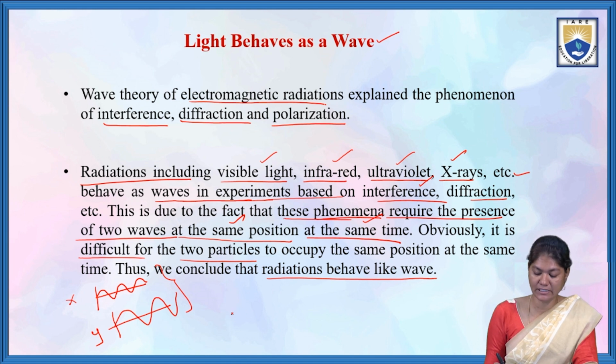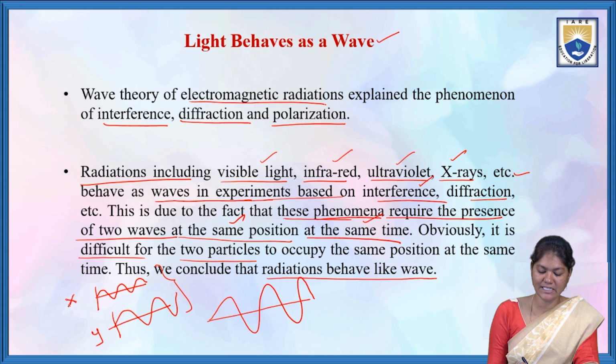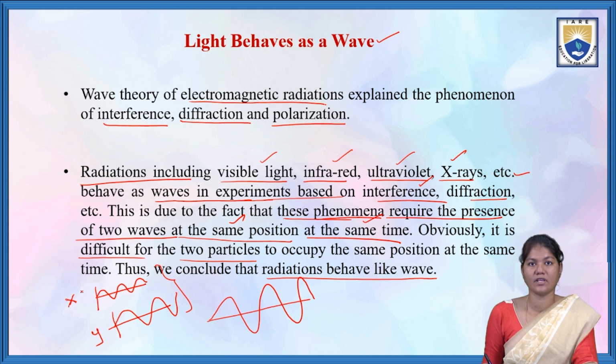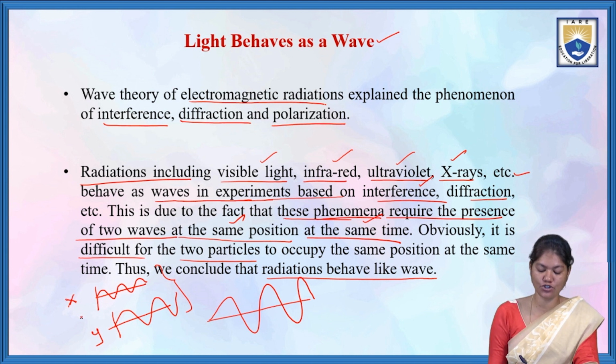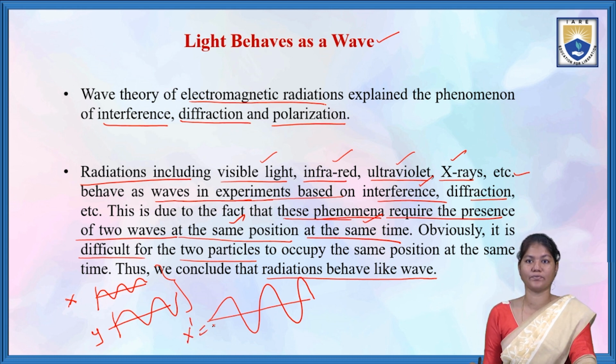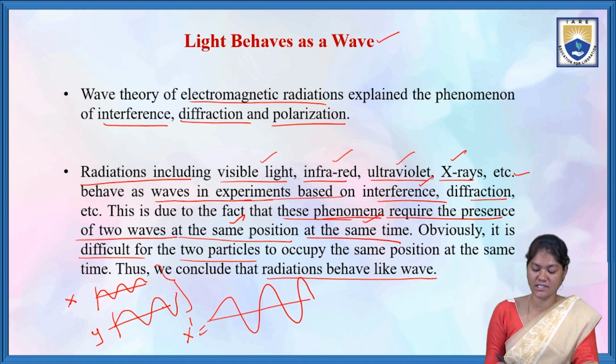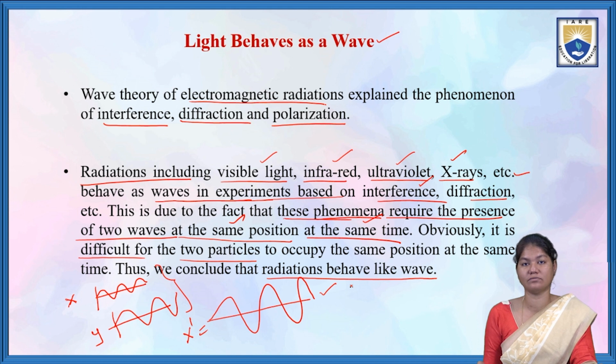So the resultant intensity may be like this. The resultant intensity of these two individual waves gives, suppose, x dash. This resultant intensity may be high or it may be low.